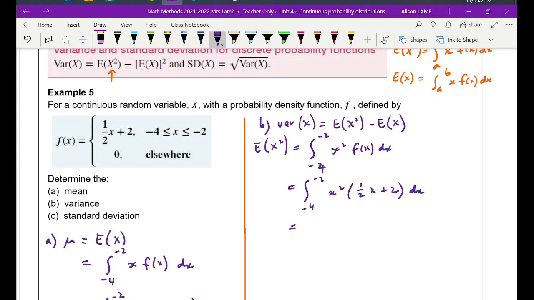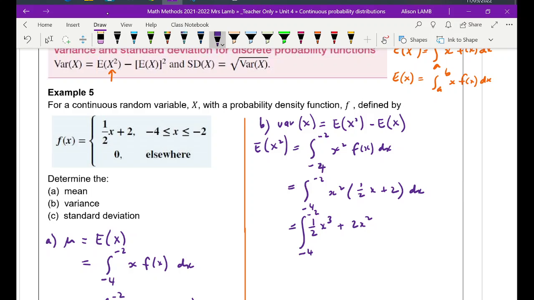So going ahead and doing that, we've got x squared times a half x is a half x cubed, plus 2x squared, and we're integrating this. Oh, I haven't even integrated it, have I? So bad, Mrs. Lamb. So that's between negative 4 and negative 2.